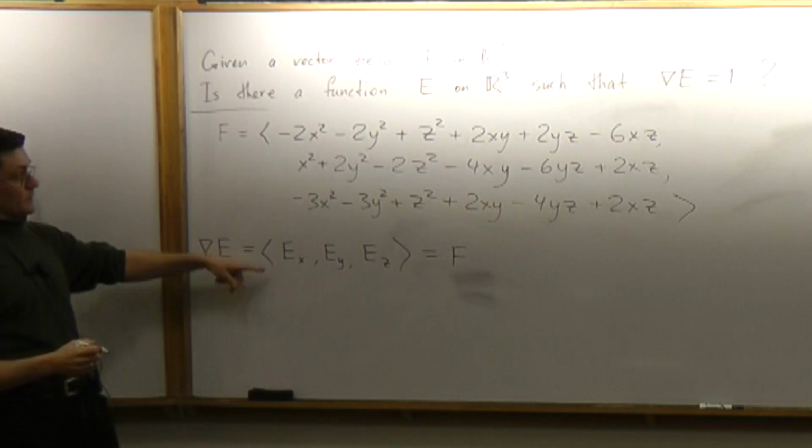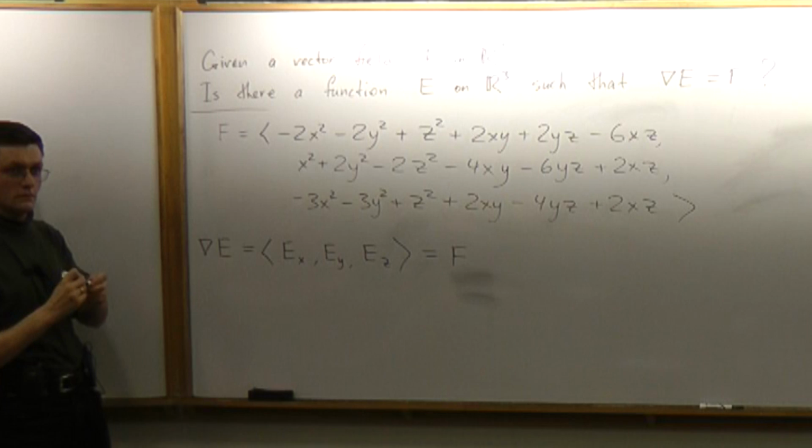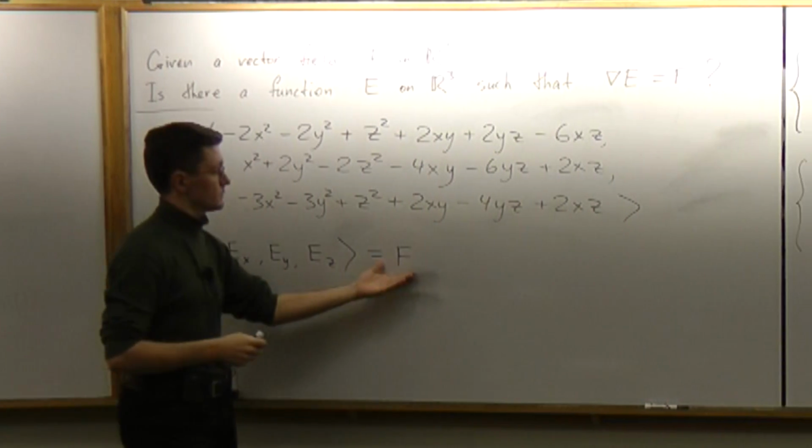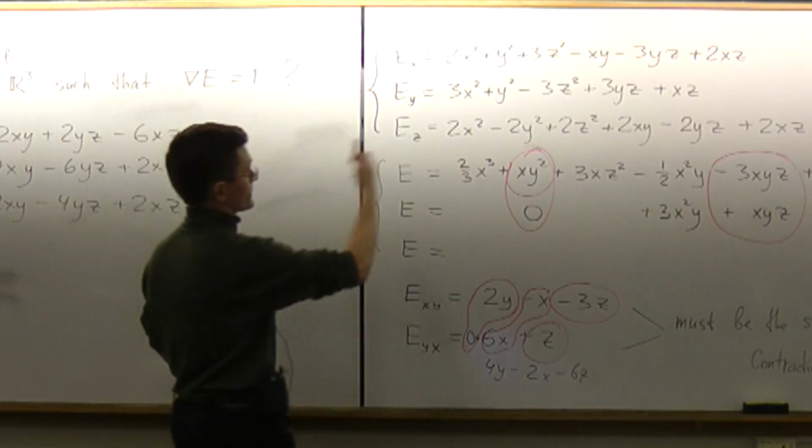Okay, well, the process is the same, right? If the function exists, its gradient, computed like that, must be equal to this F. So we have a system.